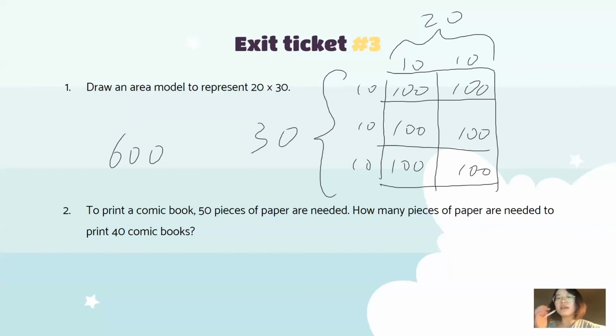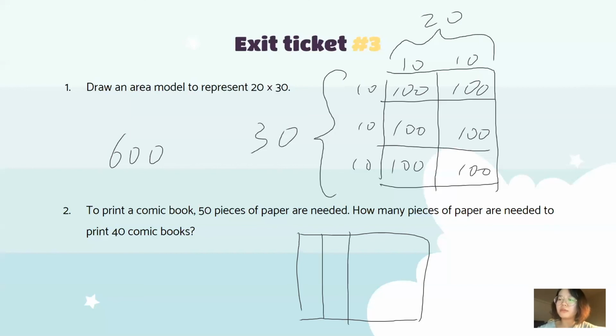Okay, and our second problem: to print a comic book, 50 pieces of paper are needed. How many pieces of paper are needed to print 40 comic books? Okay, same. Let's use the area model again. So this side, let me draw 1, 2, 3, 4, 5, and each side represents 10.